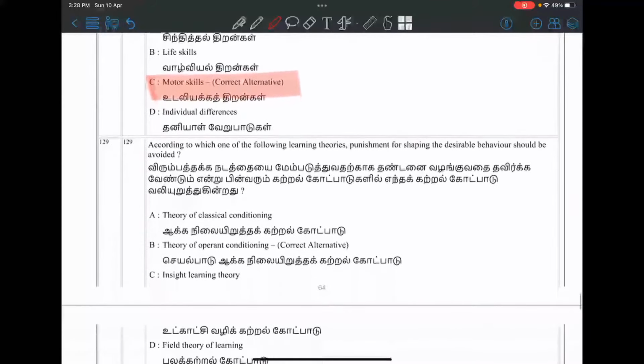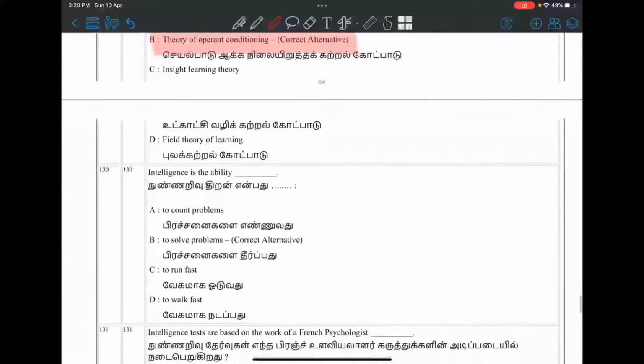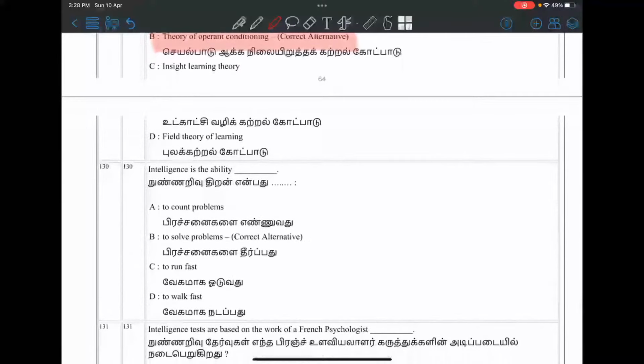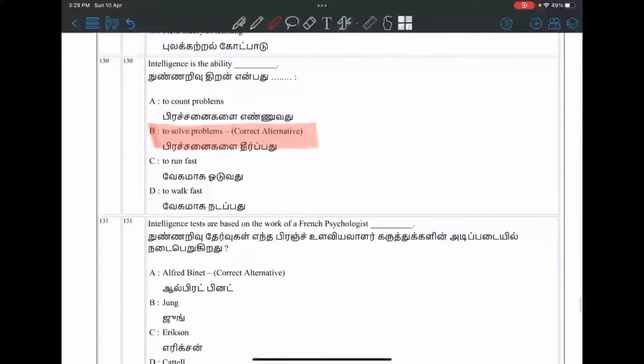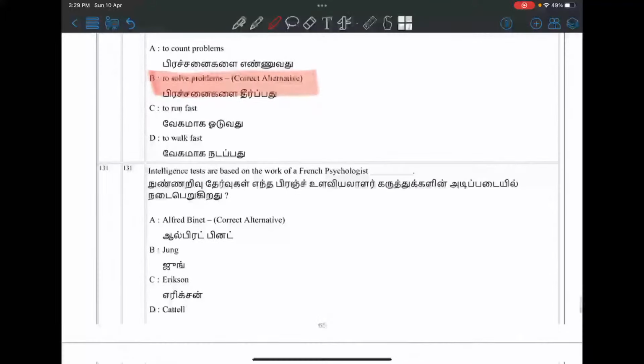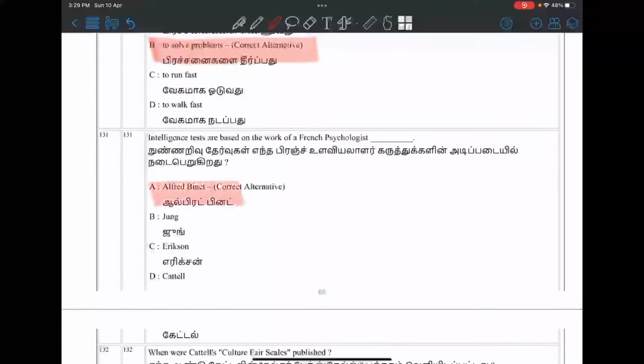According to which learning theory should punishment for shaping desirable behavior be avoided? Theory of operant conditioning. Intelligence is the ability to solve problems. Intelligence tests are based on the work of the French psychologist Alfred Binet.